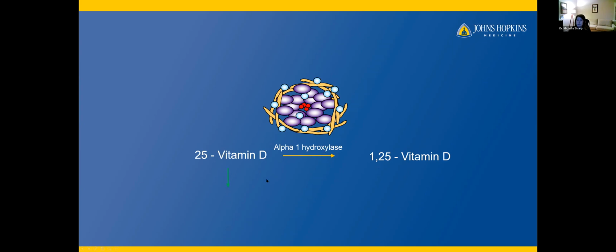What's important to know is that if this is happening in you, because you have active sarcoidosis inflammation, and somebody just measures your 25 vitamin D, it will look like it's low, but that's not really the situation. It's only low because your granulomas have this special enzyme and are pushing it to the 125 vitamin D, which is actually the active form. And this is actually elevated.